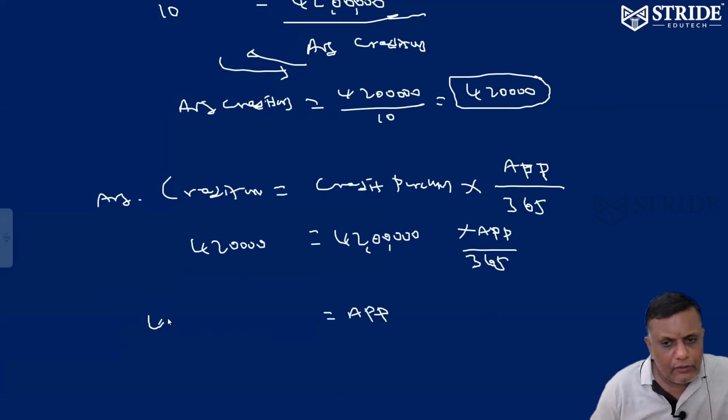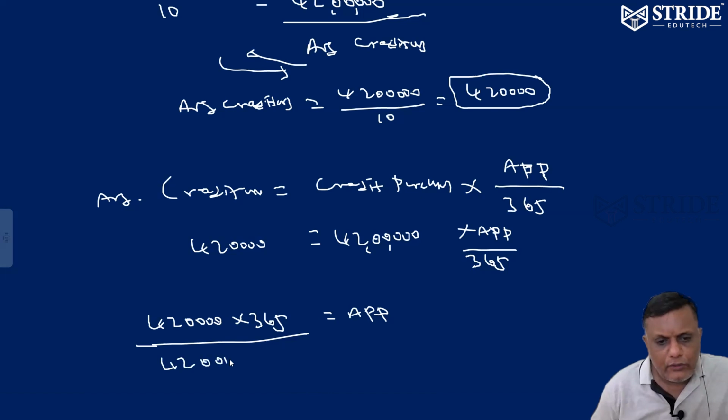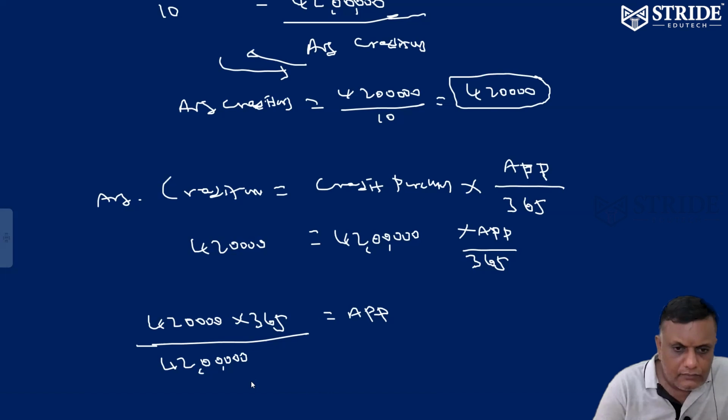Average payment period is equal to 4,20,000 into 365 by 42 lakhs. So 4,20,000 into 365 by 42 lakhs.